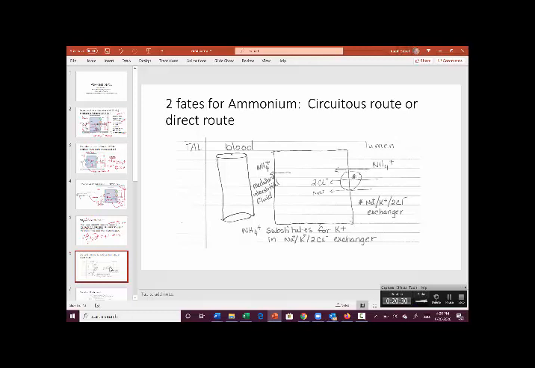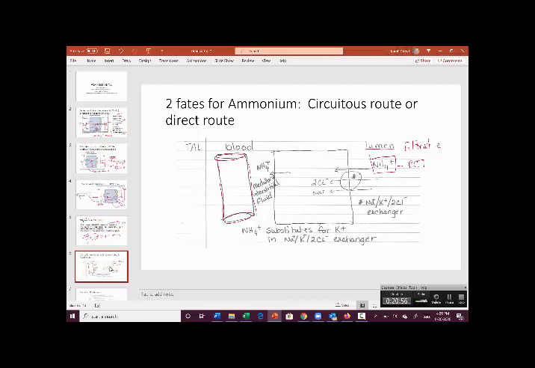So ammonium, now pay attention, over here is the lumen side. This is where the filtrate is. And here's my blood vessel. And these are the pictures that I supply for you on my notes pages. So here comes our ammonium. This is what we made and secreted in the PCT.